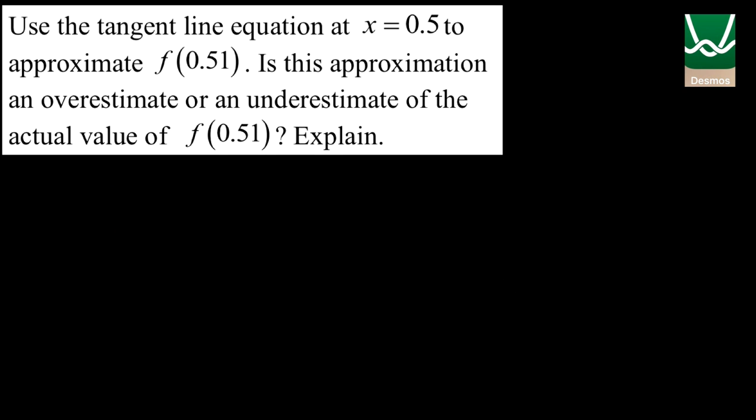All right, so the next thing that we're going to take a look at is how we can use that tangent line to approximate values on a function. And for this problem, we're going to use that same function that was on the previous slide, except instead of using it at x equals 1, we're going to be using the tangent line at x equals 0.5.